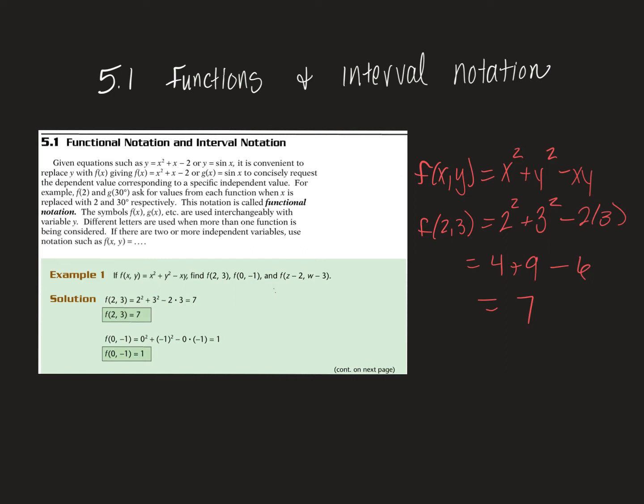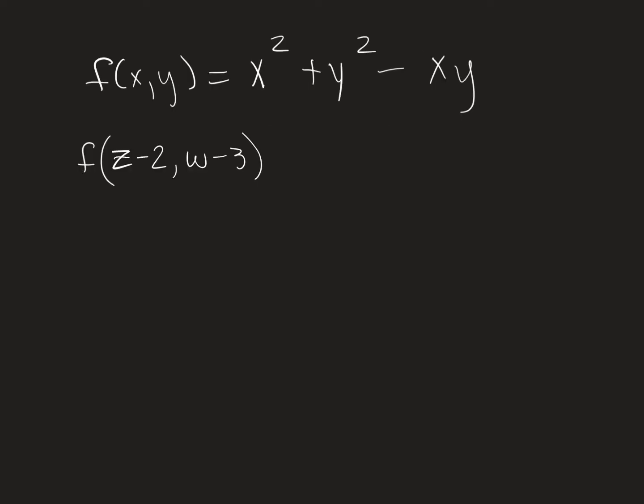I do want to jump ahead to this example where they plug in z minus 2 and w minus 3. So you can plug in expressions and other variables in for x and y. So let's do that. z minus 2 is going in for x. Remember, I will always put lines in my z's so they don't look like 2's.